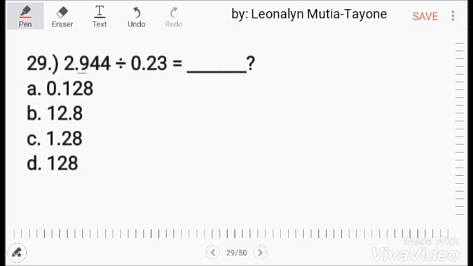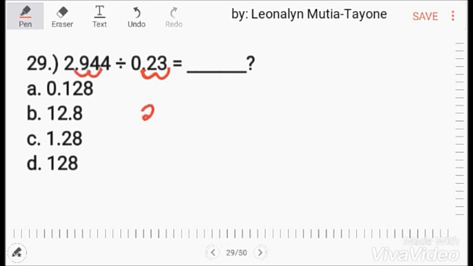Number 29. So, mag-divide tayo ng mga decimal na numbers. Unahin natin itong divisor. Dapat whole number ito. So, itong decimal na to, i-move natin para whole number siya to the right. 1, 2. So, nakadalawa tayo. Ngayon, itong dividend natin, i-move din natin ang dalawa. To the right din, 1, 2.